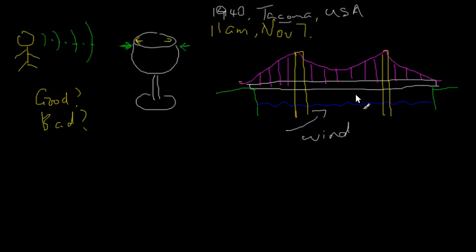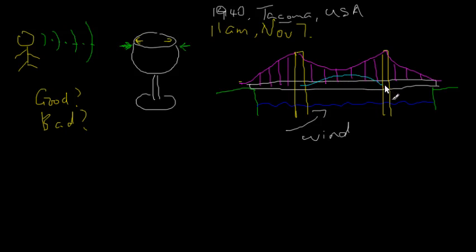And as a result, the up and down motion and the left and right motion of the bridge increased in amplitude, and it increased more and more. And in the actual footage of the video, what you see is this, what they call the middle span of the bridge.